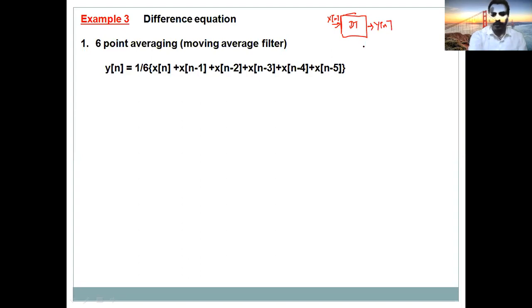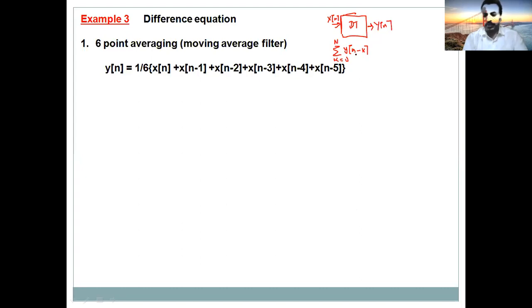So generally we can write the output side, the summation of k from 0 up to N, where N is the order of the difference equation. On the output side, y of n minus k. So you see here, n can be 0, so y of n. When n is 1, y of n minus 1, up to what? Up to N.